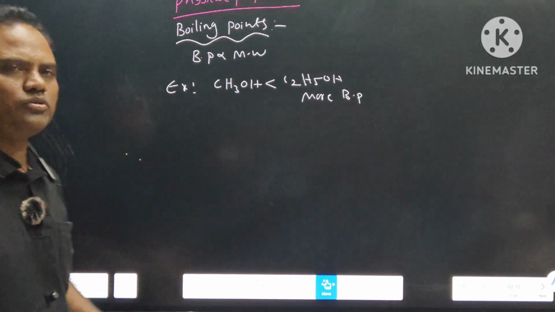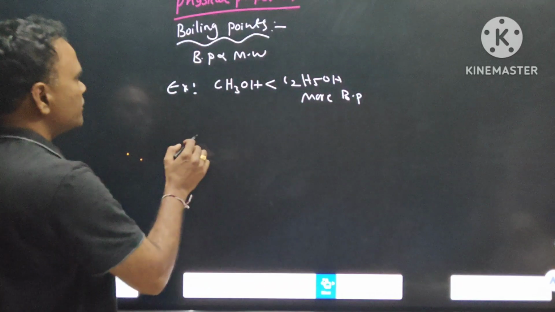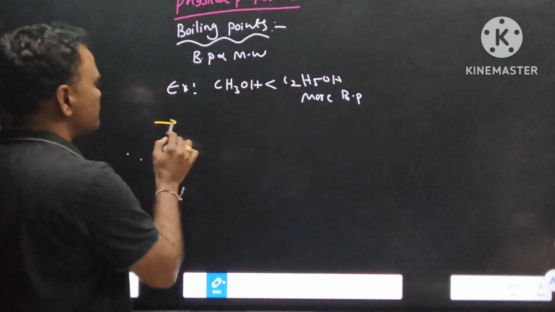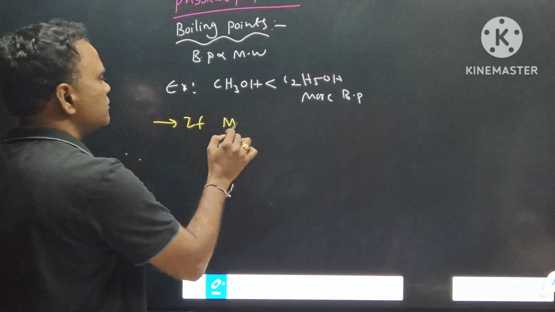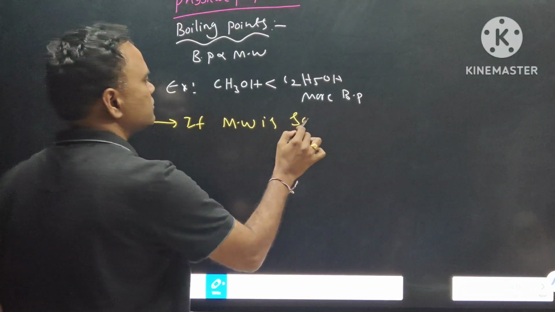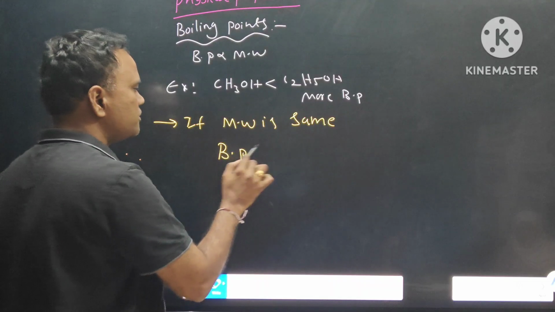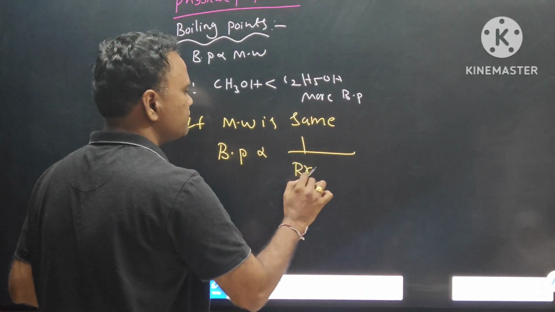If molecular weight is more, then boiling point is more. In the second category, if molecular weight is also the same, then tell me, anybody? Yeah, boiling point is inversely proportional to branching.